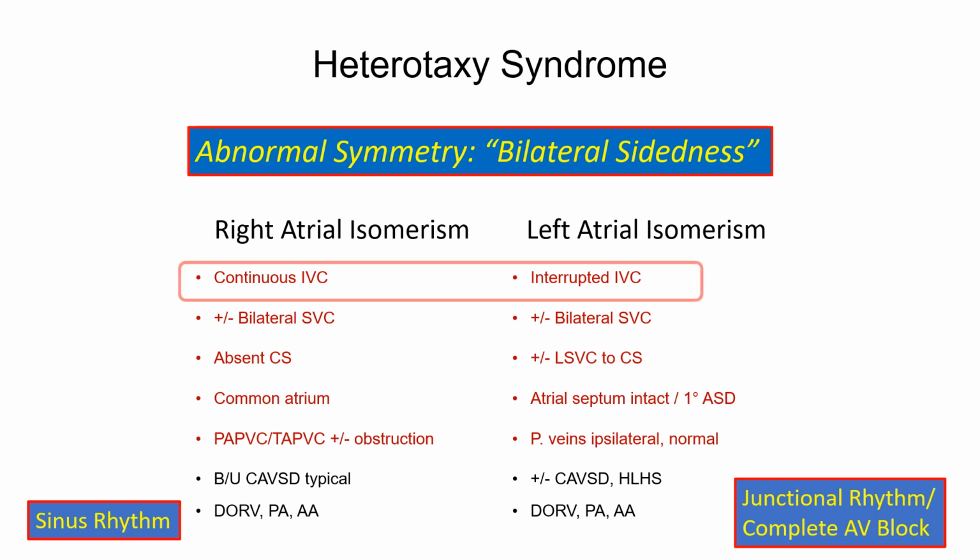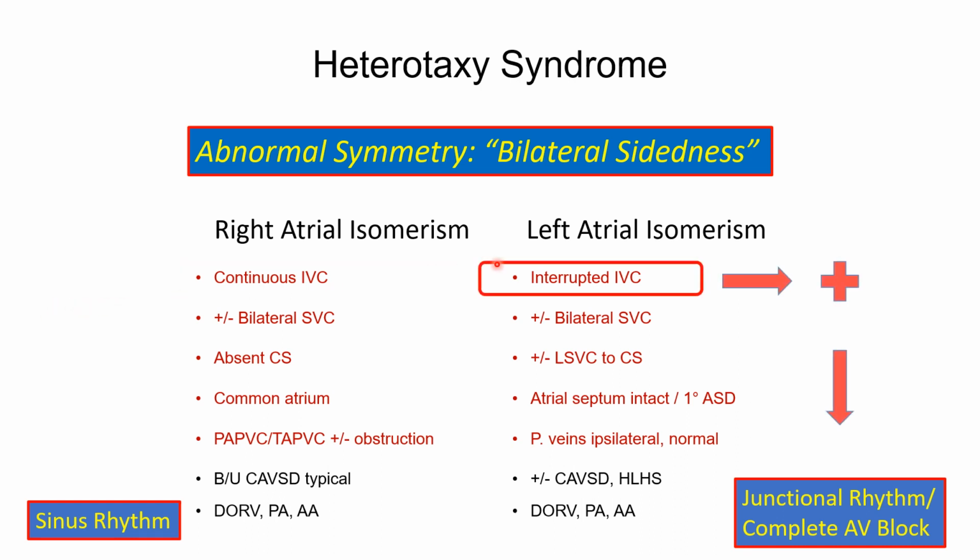However, the most consistent and reliable method of discerning between right atrial isomerism and left atrial isomerism is the continuity of the inferior vena cava, where you have a continuous IVC always with the right atrial isomerism type, and usually an interrupted IVC with the left atrial isomerism type, almost always interrupted.